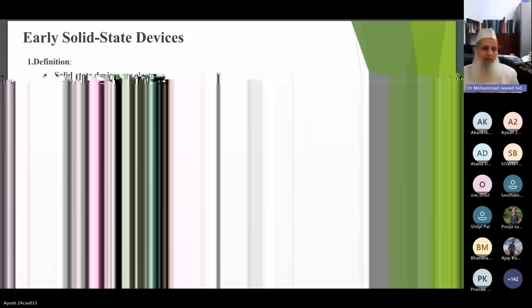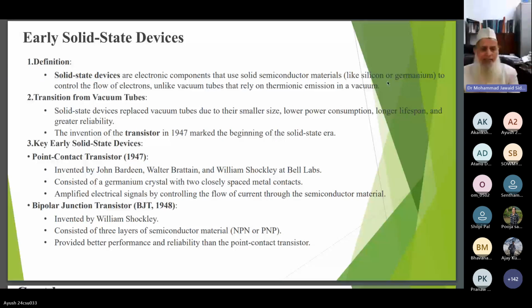So that provides better performance and reliability than the point contact transistor.